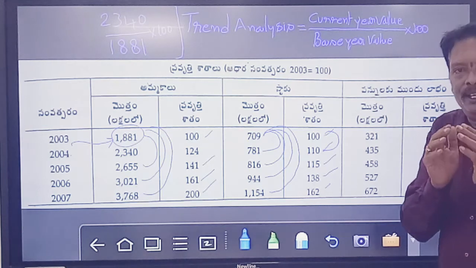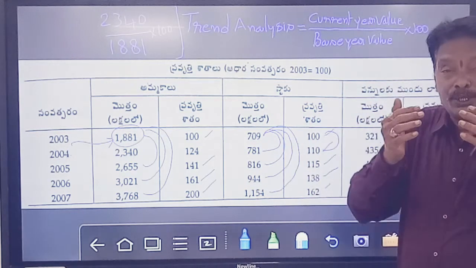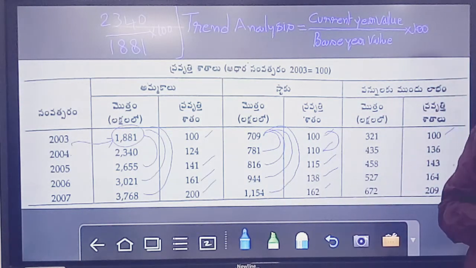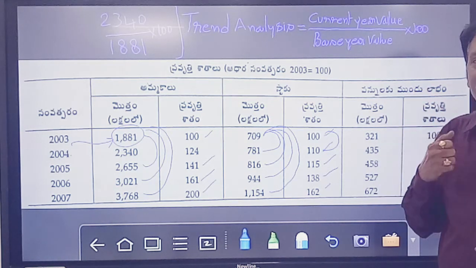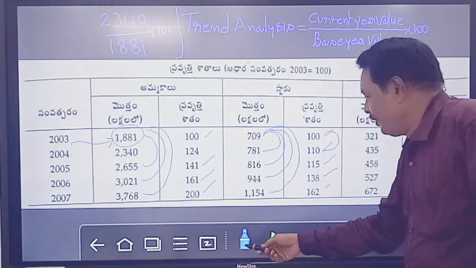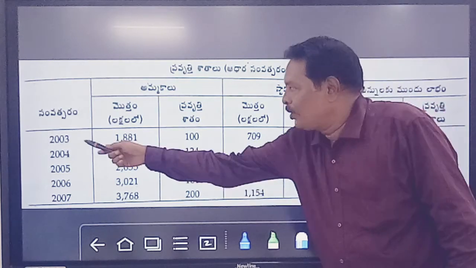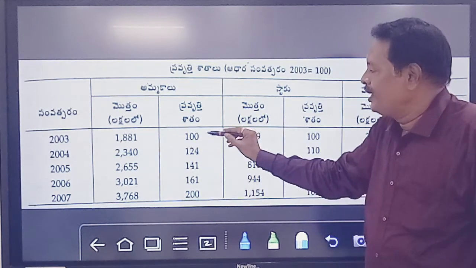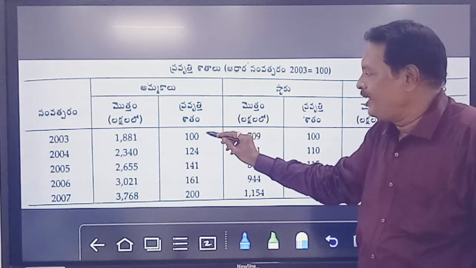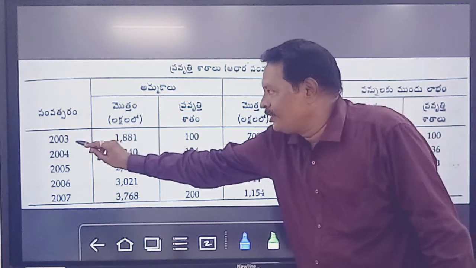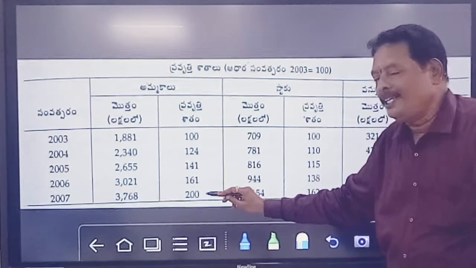This is, the percentages calculation stage is over. Now the duty or the task of the student is interpreting. How to interpret these percentages? You simply see here, when you observe the sales for 2003, sales percentage is 100, whereas in the case of 2007, sales percentage is 200.